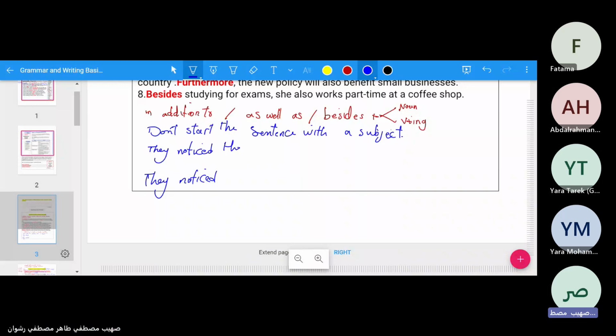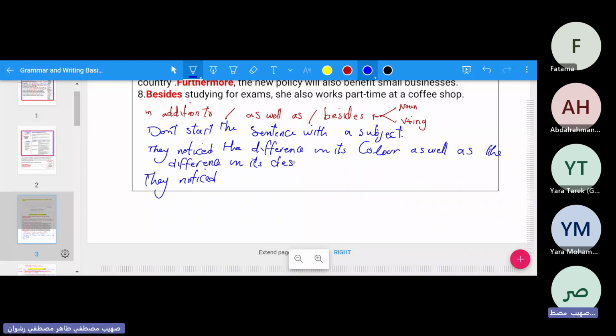They noticed the difference in its color as well as the difference in its design.